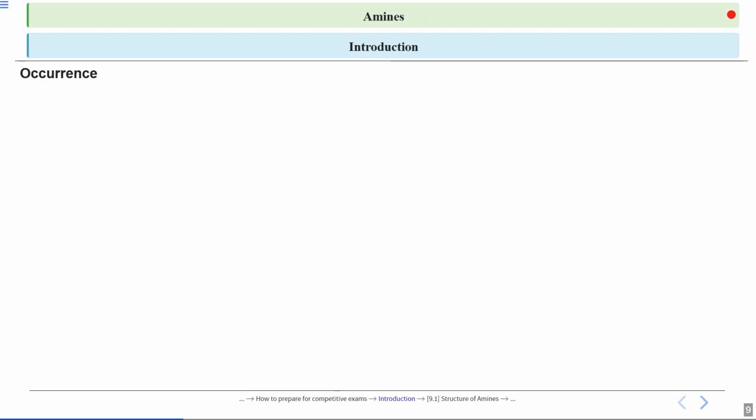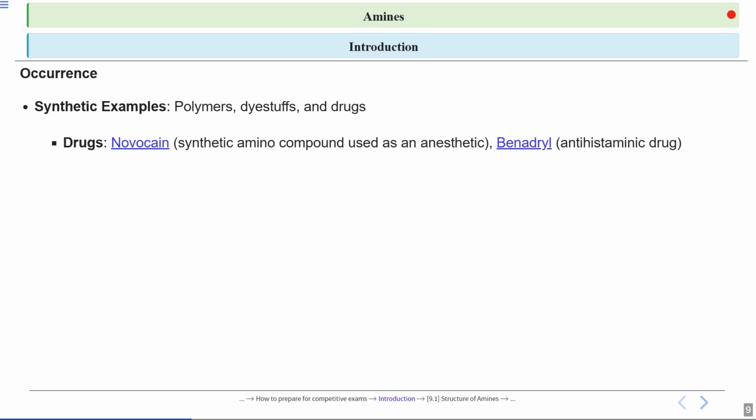Now next we will talk about synthetic examples of amines. These compounds are widely used in making polymers, dyes, and especially drugs. Let us look at specific drug examples that contain amines. We have Novocaine.